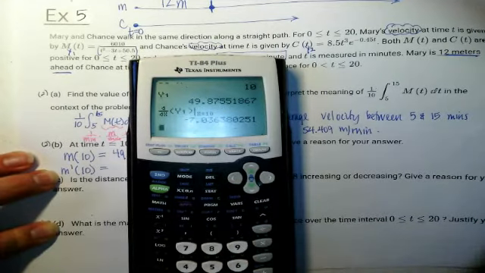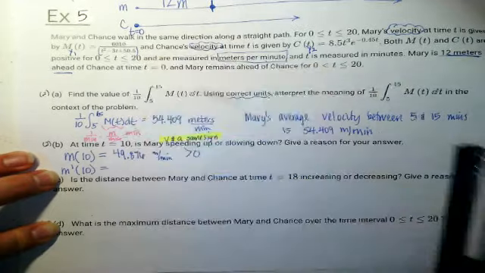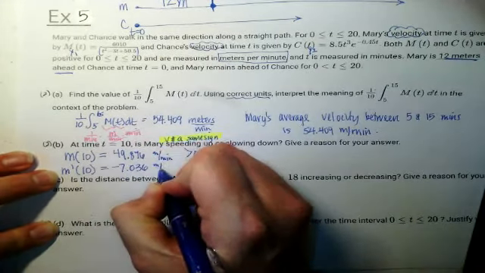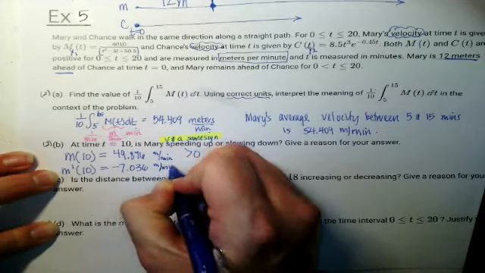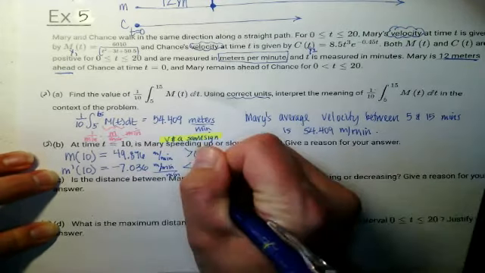And we get negative 7.036. Again, what is this? Meters per minute per minute. That's acceleration. That is less than 0.